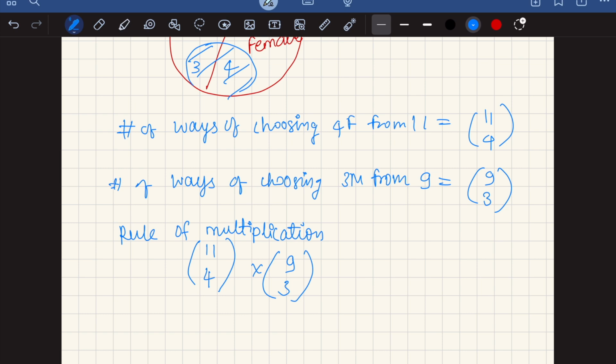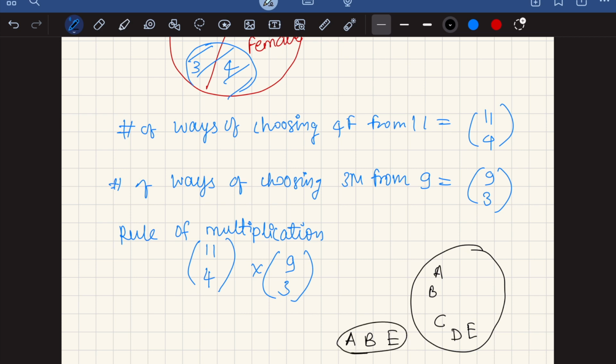Yeah, but as a committee, it does not matter whether you chose, let's say, okay, so let's say you have a group of friends. Let's say I'll call them A, B, C, D, and E. Let's say there are 5 people, and I want to choose 3 of them. So, does it matter whether I chose A first, B first, and then E?